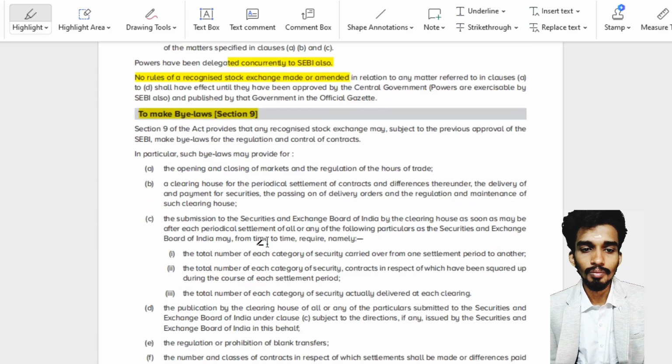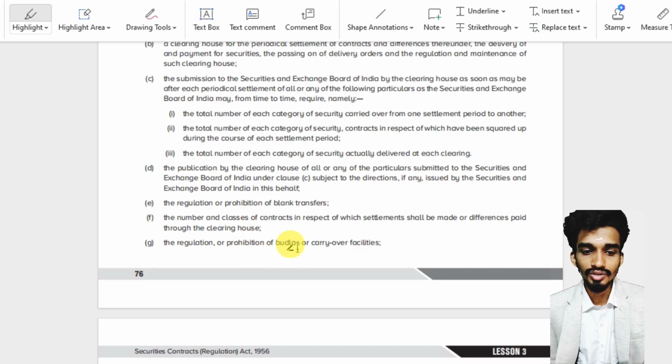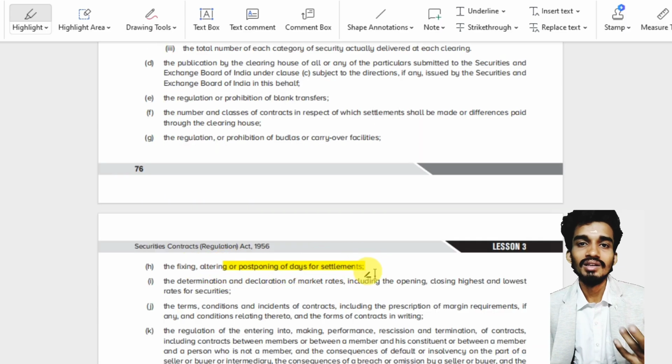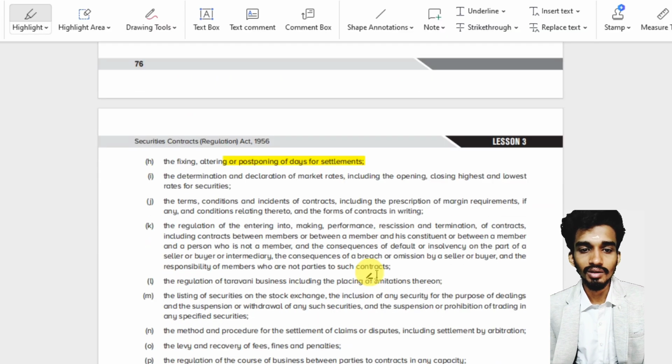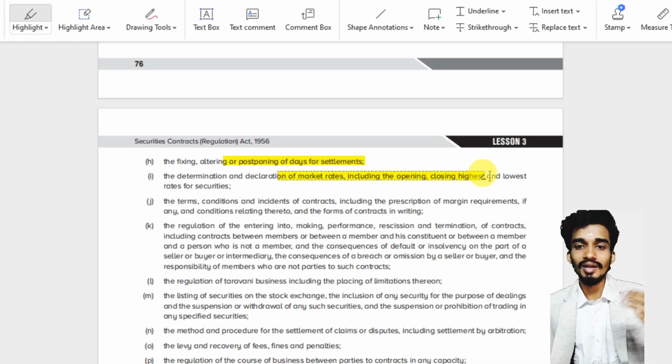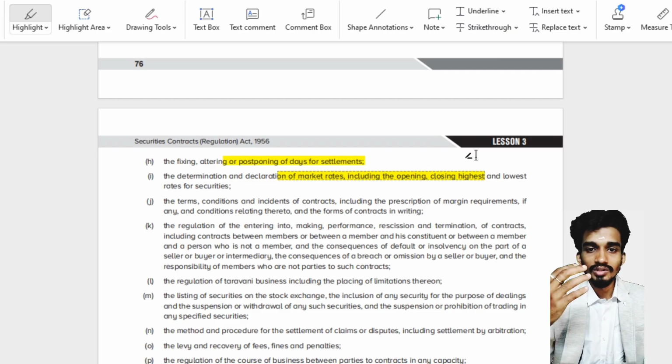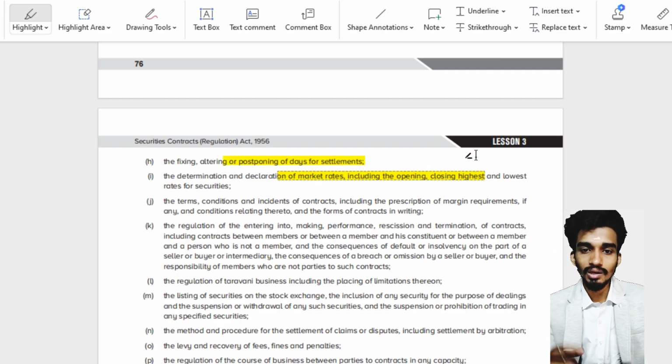So the opening and closing of markets, prohibition of fixing, altering, or postponing of days, and settlement cycles, that is T+1, T+2, T+0 settlement cycles. Also any market rates, including opening, closing, highest. So for the market securities you have opening, closing, and high and low rate on a particular candle.